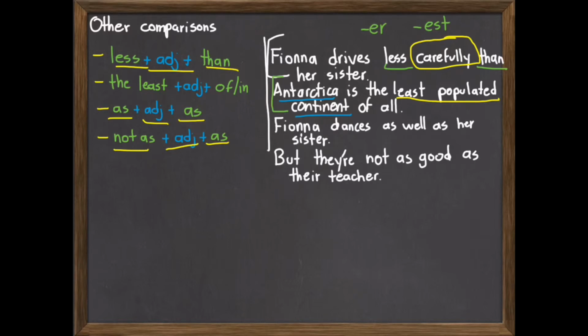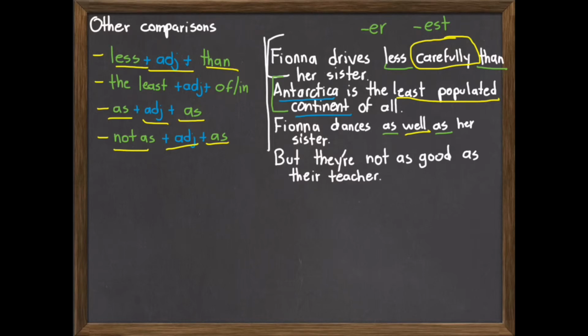The next example has as and as. Fiona dances as well as her sister. Here we're comparing the two, but they are about the same level, in this case, of how well they dance.